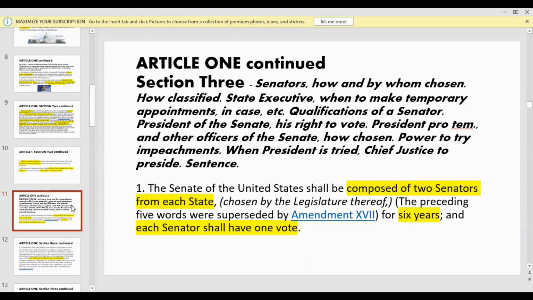Too many people call the House of Representatives Congress. So they say the House of Representatives is Congress and the senators are the senators. That's technically wrong. The House of Representatives is the House, and the Senate is the Senate, and the two of them together create the Congress.